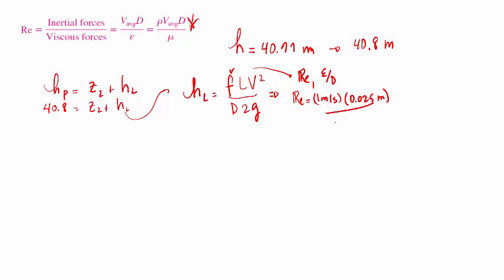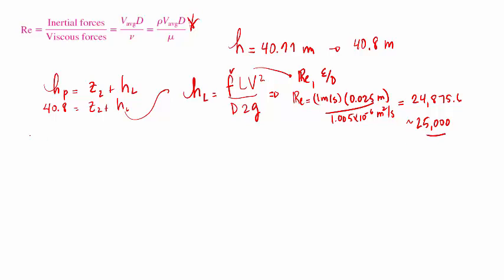I divide this by the viscosity, 5 times 10 to the minus 6. So the Reynolds number is 24,875.6, and of course in the diagram you cannot see that, so it's about 25,000, and it's dimensionless.